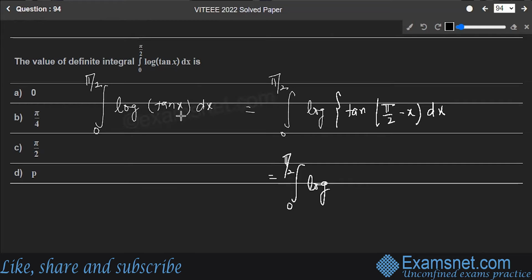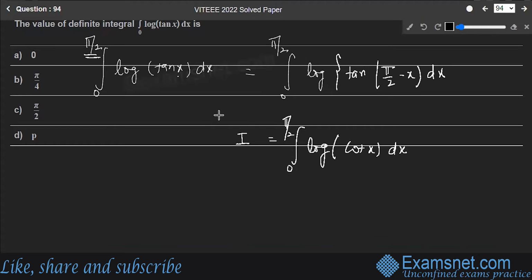Here I'm using one formula, that x can be written as upper limit minus x, and the integral will remain the same. Now, when you're using tan of pi by 2 minus x, tangent will be changed into cotangent. So this will be equal to integral of log cot x dx. Hope you're clear till here, right? Let's say this is equal to I. Okay.